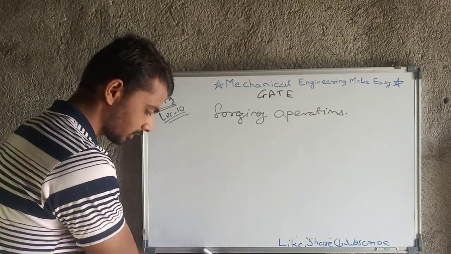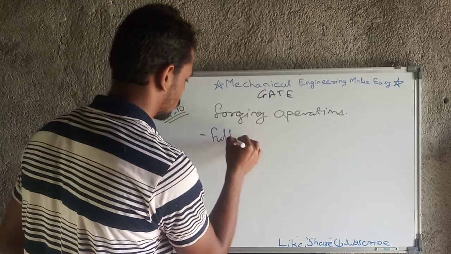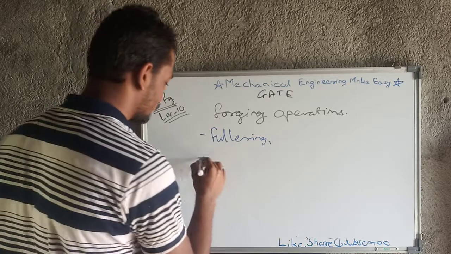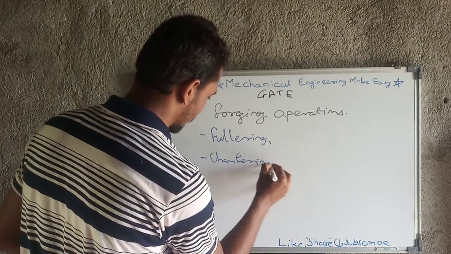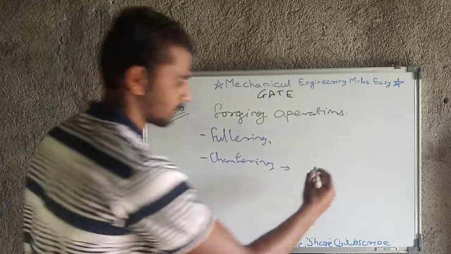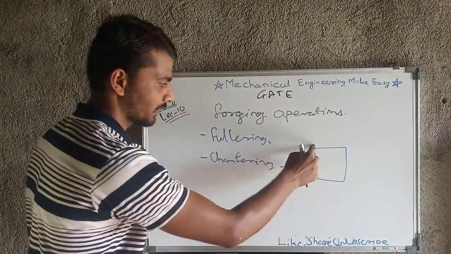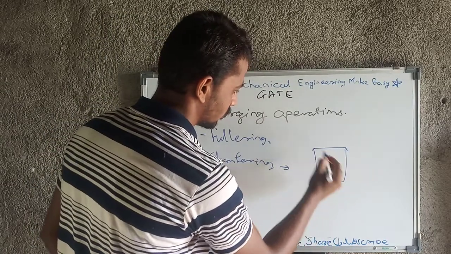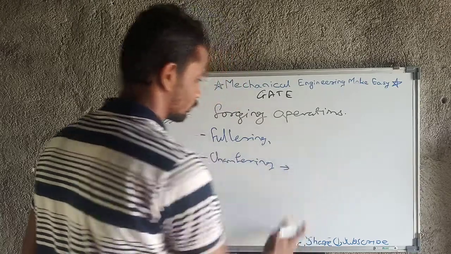First is fullering. Then chamfering. Chamfering means we provide a chamfer, like if this is our workpiece, then at the edges we provide some taper. So this is called chamfering, and we can do it on forging.